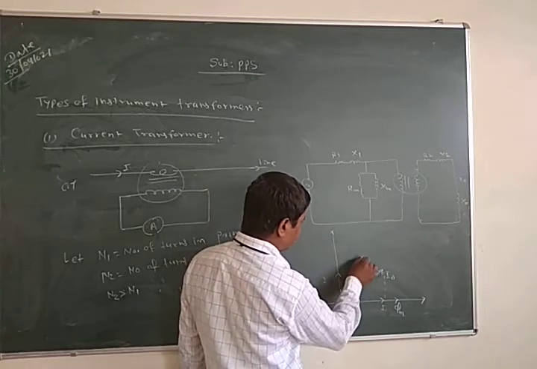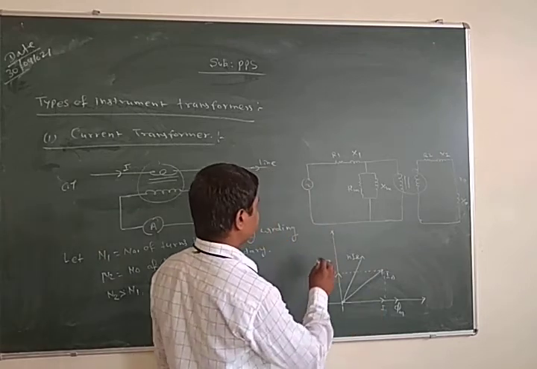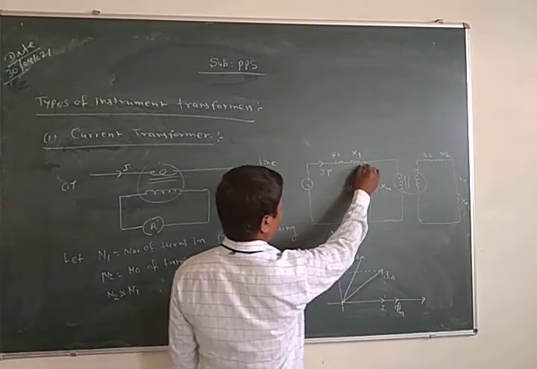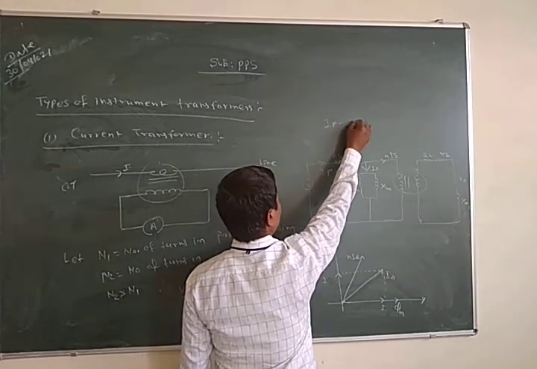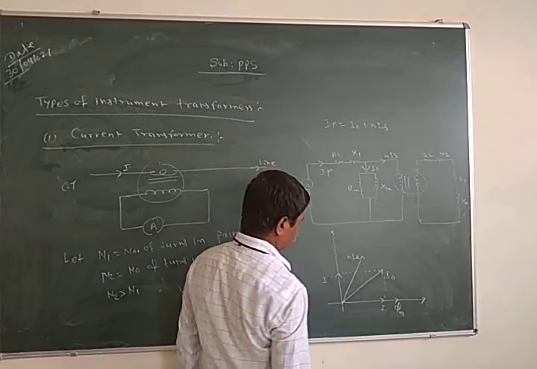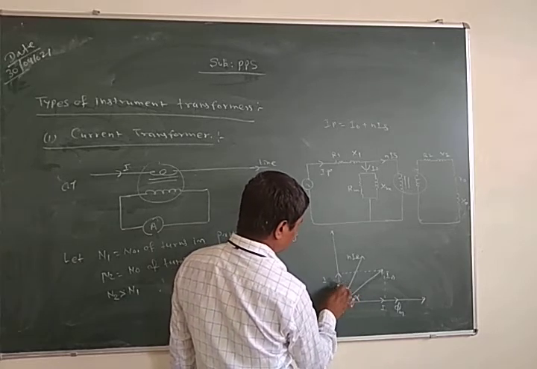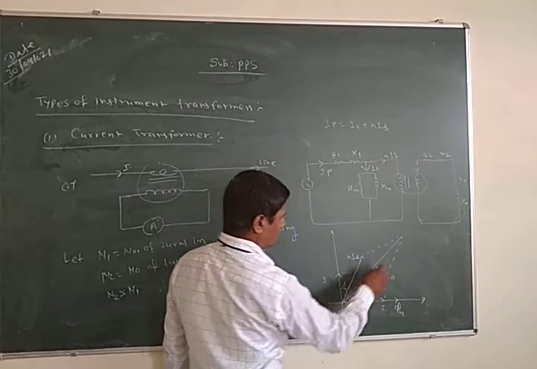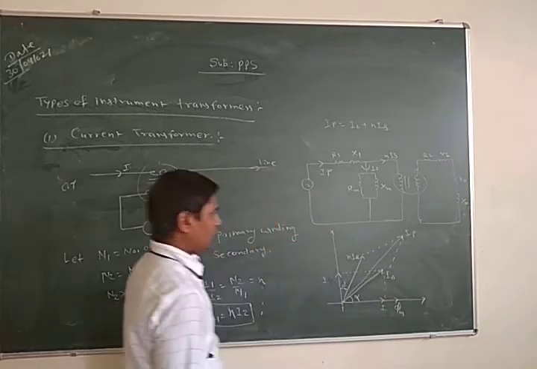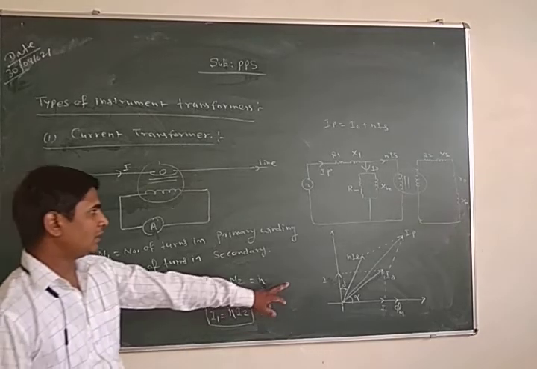So secondary current is N I S and I P is I naught plus N I S. This angle is alpha, this angle is delta. This is the phasor diagram for current transformer.